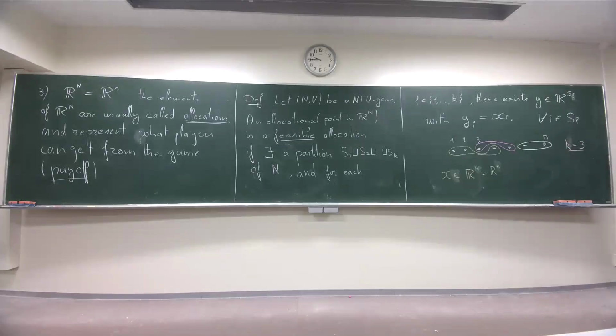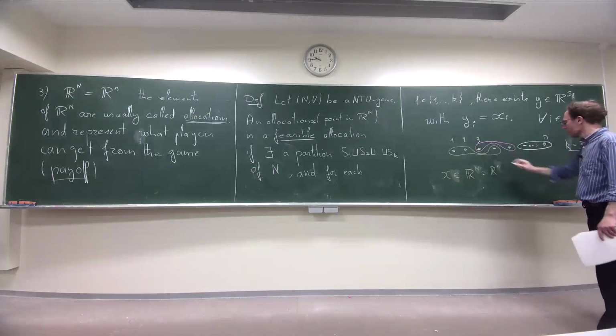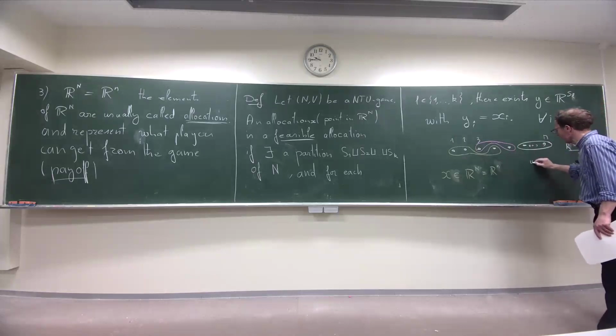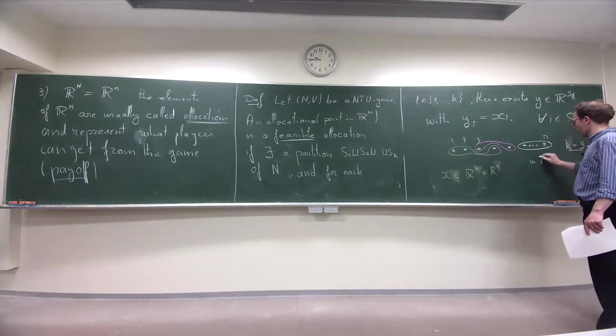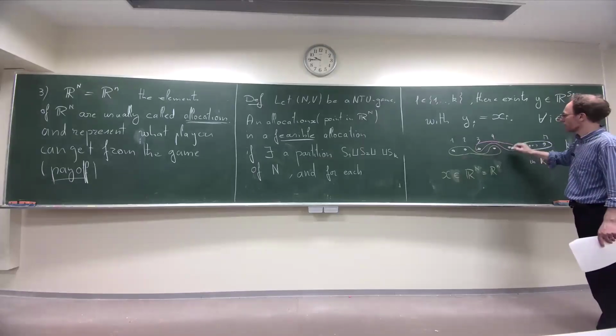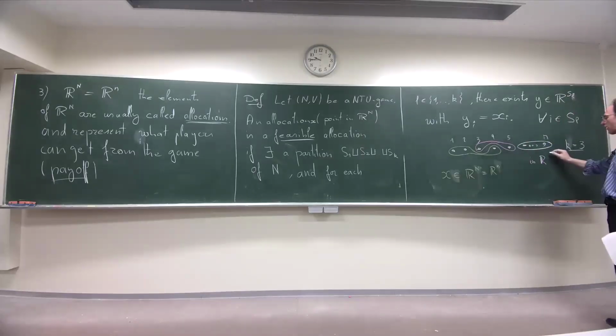It's a partition of these endpoints. And so in the yellow one, in R, if I'm very precise, in R 1, 2, 4, we have a y in R.